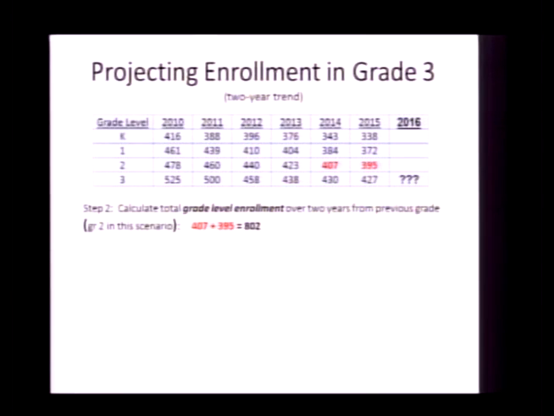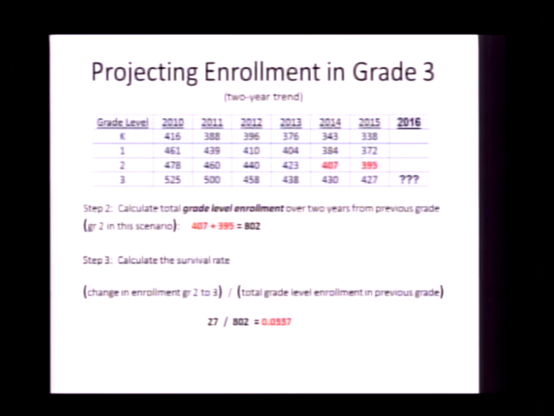Step 2 is take a look at the grade level enrollment over 2 years from the previous grade. In this example, we say, okay, what was the total grade population for 2 years in grade 2? I add that up for 802. Calculate our survival rate, where we take the change in enrollment from grade 2 to grade 3, which we indicated was 27.